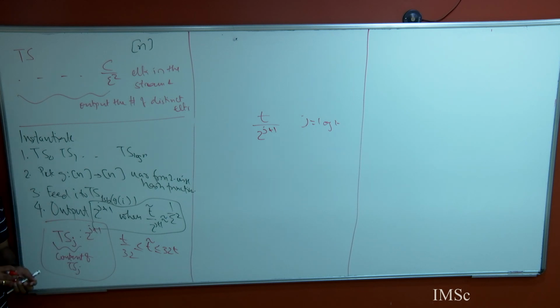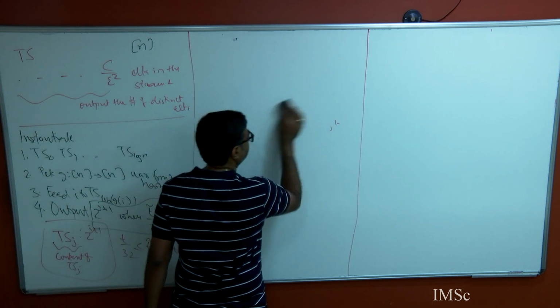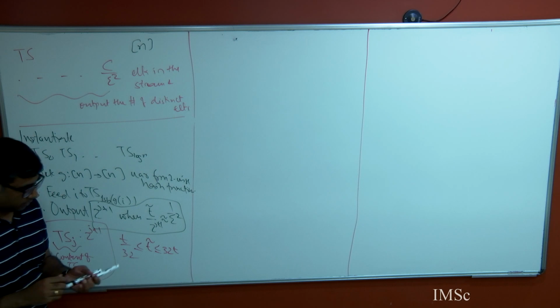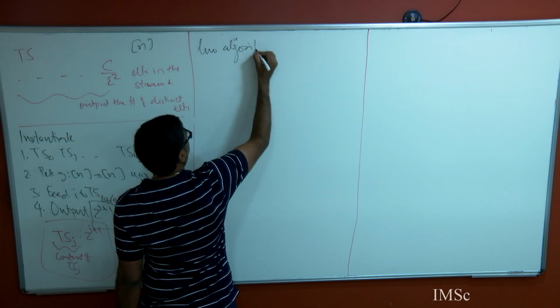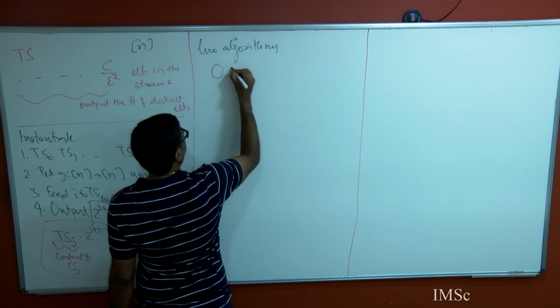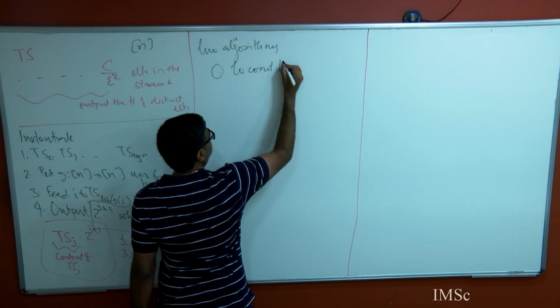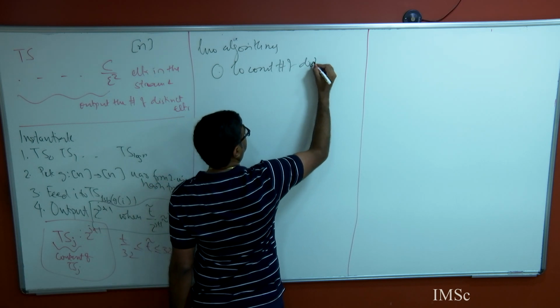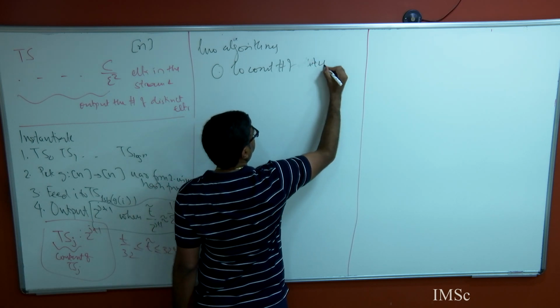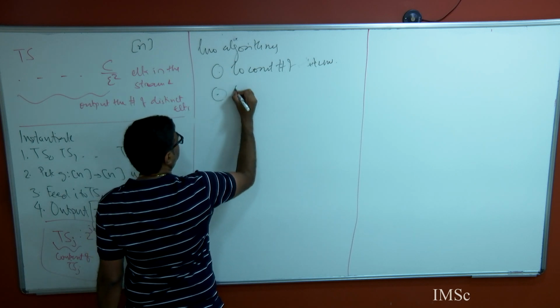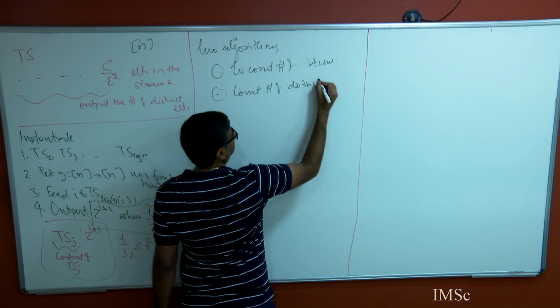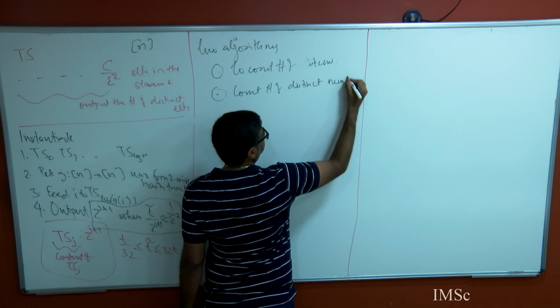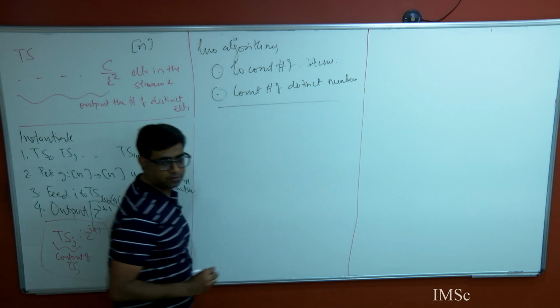So what is the basic principle that we have used up until now? Let me go through that and then we will understand what is happening in all these algorithms. We saw two algorithms up until now. One was to count the number of items, and the second was to count the number of distinct items or distinct numbers. What was the first step of these algorithms?